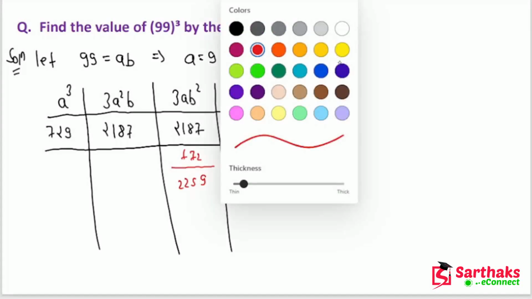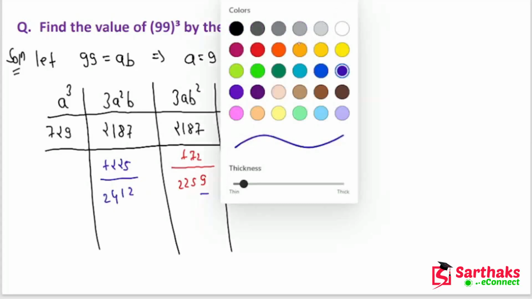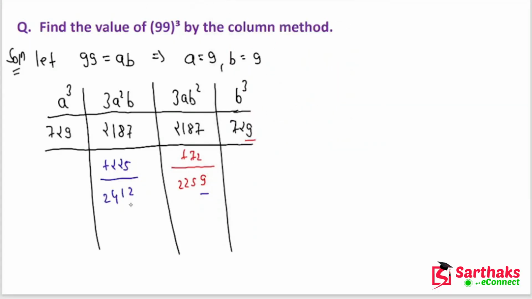Then the next step says to underline its unit digit which is 9 and add the remaining number which is 225 to 2187. 5 and 7 would be 12 over here, so 1 would be carrying, 8 and 2 and 1 would be 11. 1 over here and 1 would be carrying, it would be 4 and it would be 2, right? Then the next step says to underline the unit digit and add the remaining digits which are 241 in this case. We'll get 0, 1 carrying, so 6 and 7, and 7 into 9, so we'll get 970.